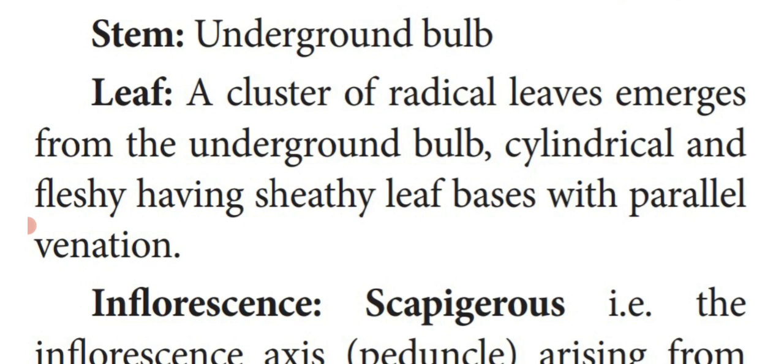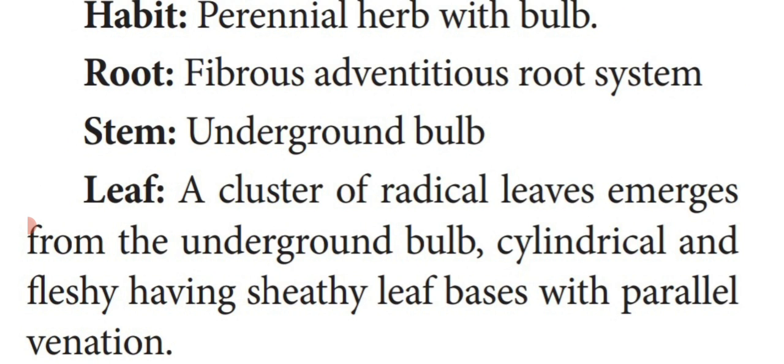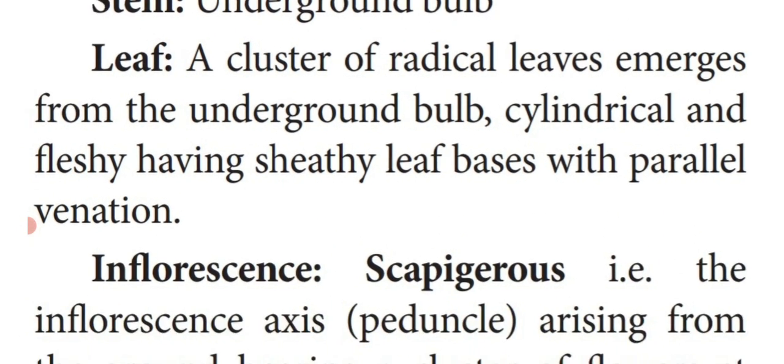The shape of the leaf is cylindrical, always look like fleshy, and having a sheathy leaf base with a parallel venation. So parallel venation is the characteristic feature of family monocot.